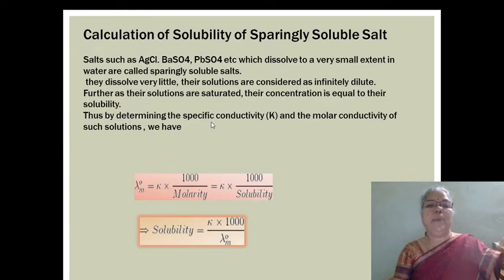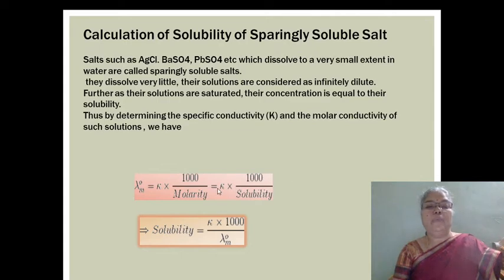Thus, by determining the specific conductivity kappa and the molar conductivity of such a solution, we have lambda 0 m, that is the molar conductance at infinite dilution, equal to kappa into 1000 divided by molarity, and molarity is nothing but the number of moles of the solute present in 1000 ml.